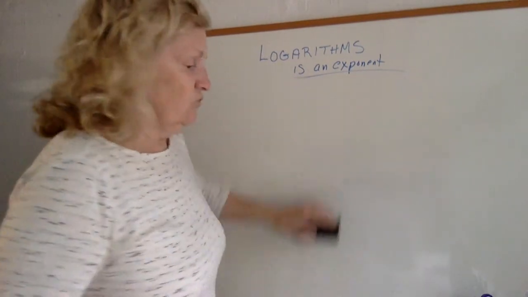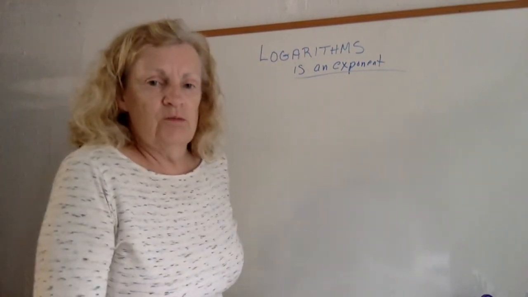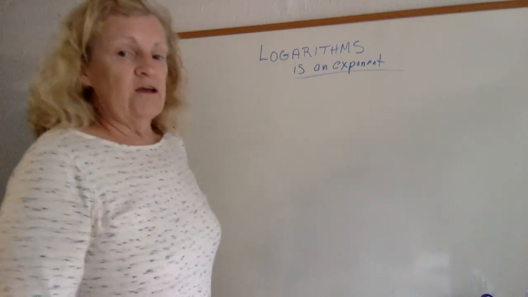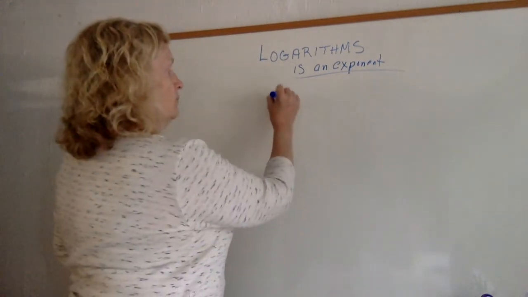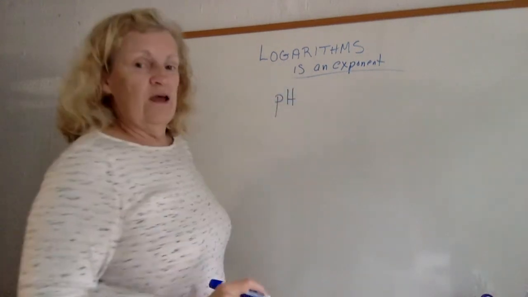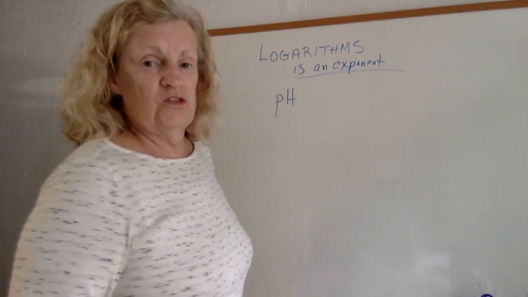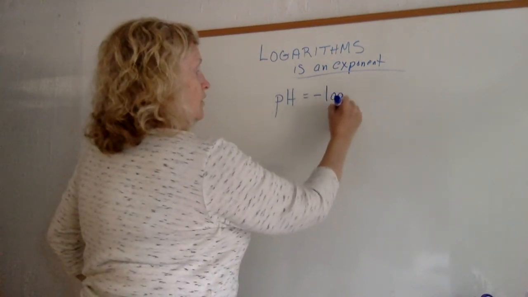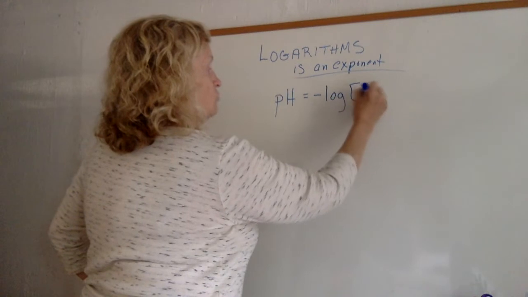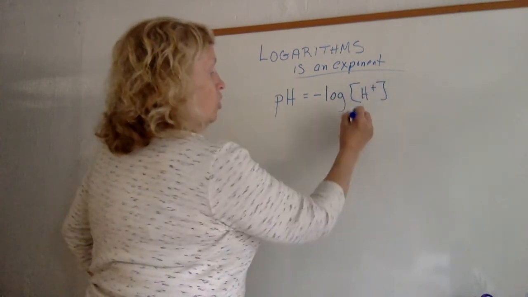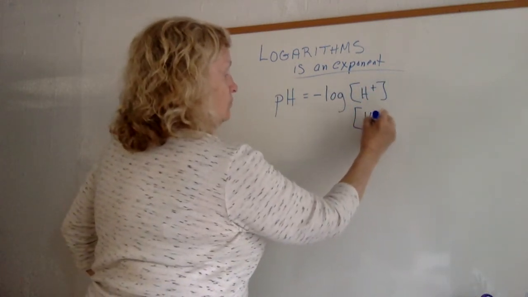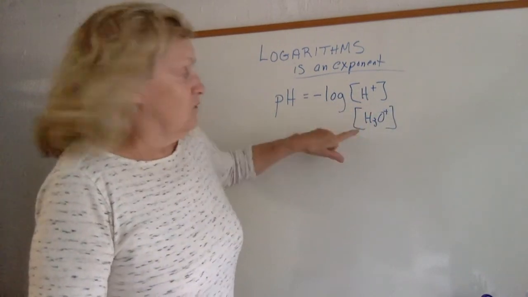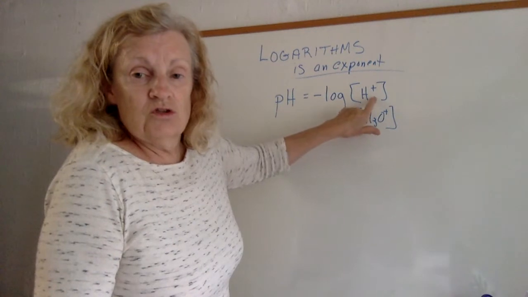In a previous video, which I think got interrupted due to technical difficulties with the audio on QuickTime, I defined the pH of any substance that we will be studying as the negative log of the hydrogen ion concentration, or it could also be the hydronium ion concentration.